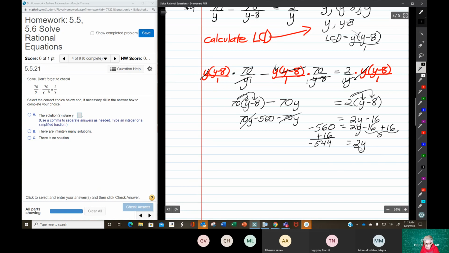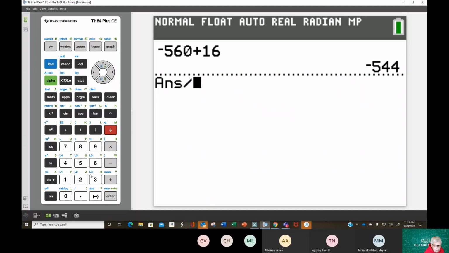Now I'll divide by 2 and divide by 2. So -544 divided by 2 is -272.